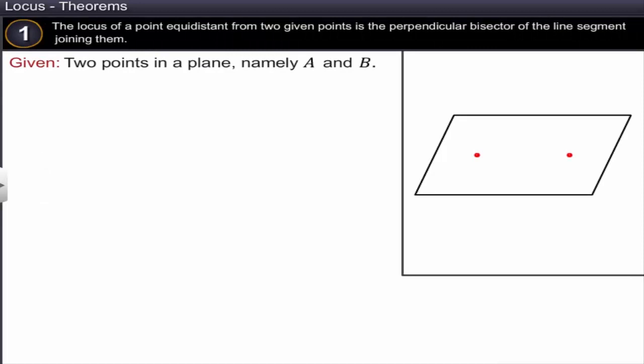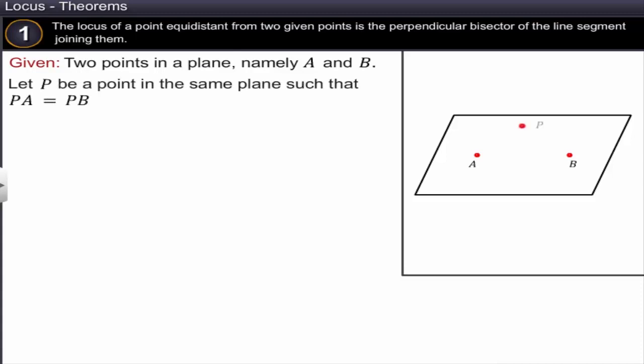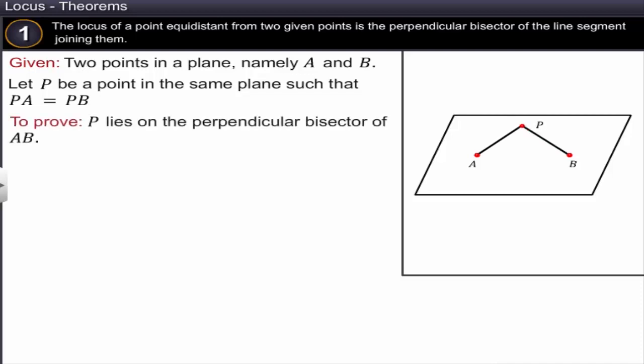Let's name them as A and B. Let P be another point in the same plane such that PA is equal to PB. We have to prove that the locus of point P is the perpendicular bisector of line segment AB. In other words, point P lies on the perpendicular bisector of AB.